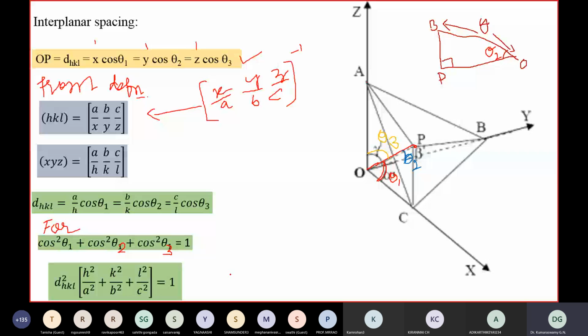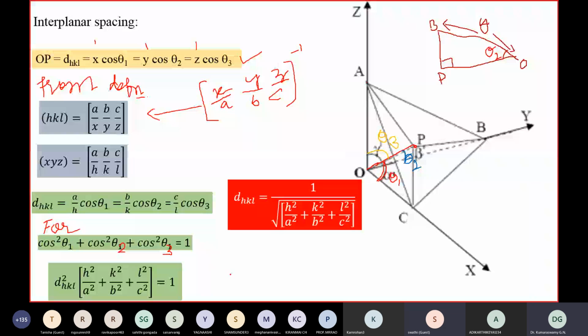And we get d square HKL into h square by a square plus k square by b square plus l square by c square is equal to 1. Fine. Reducing this further, we get DHKL is equal to 1 over under the root h square by a square plus k square by b square plus l square by c square.